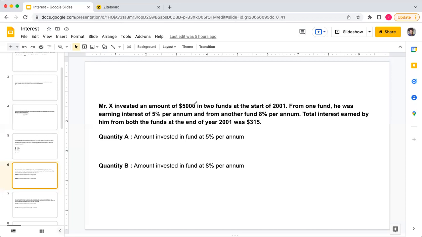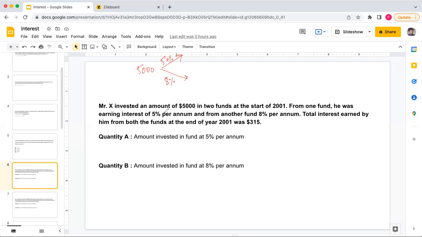An amount of $5,000 is invested in total at the start of 2001. From one fund he was earning interest of 5% per annum, and from the next, interest of 8% per annum. Just read it clearly.